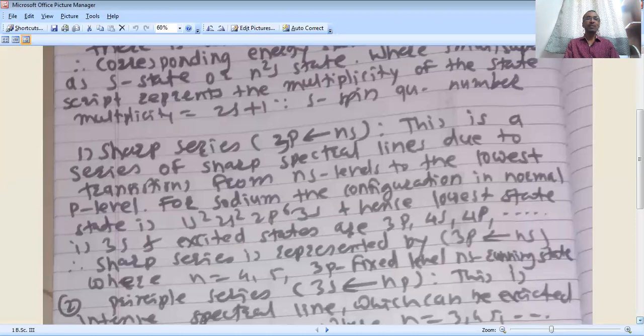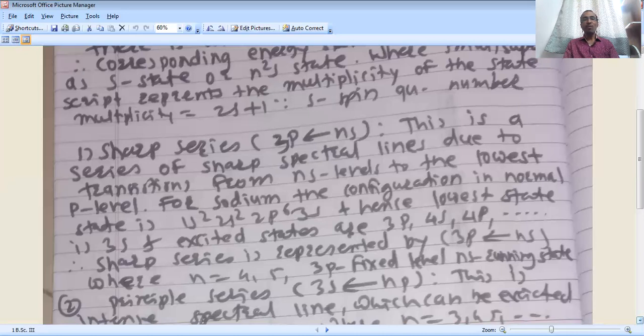Therefore, the sharp series is represented by the transition from nS to 3p, where n equal to 4, 5, etc. 3p is the fixed level and nS is the running state.